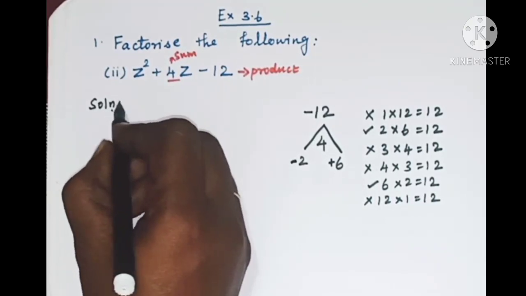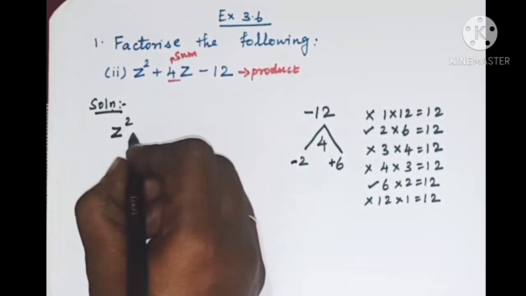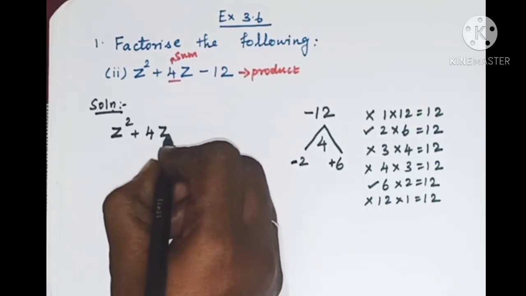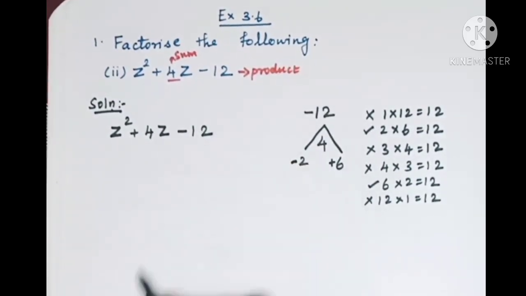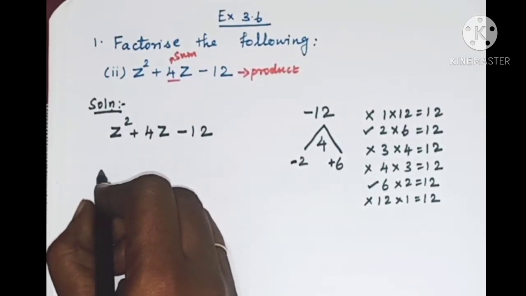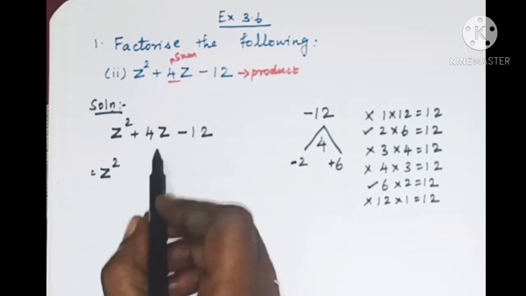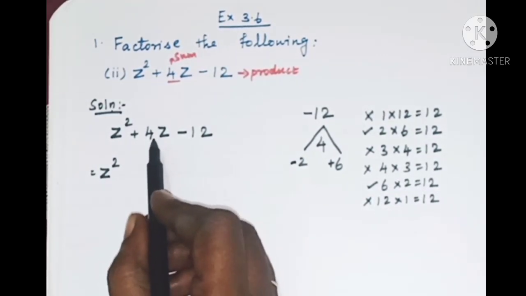Solution. Write that expression as it is: z square plus 4z minus 12. Now we have to write the first term as it is, z square, and then split the middle term into two terms.